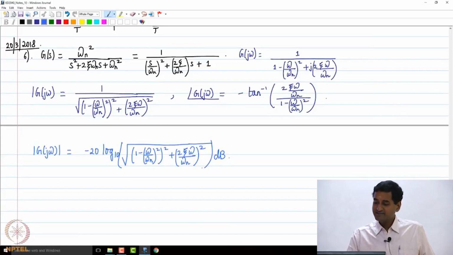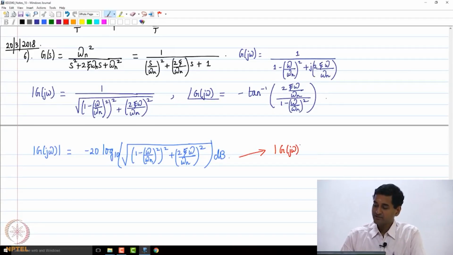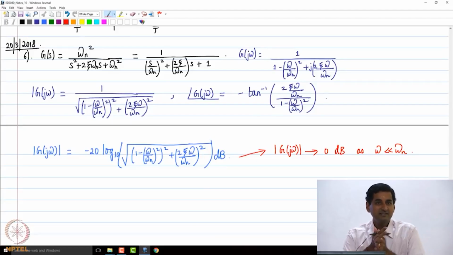What will happen as omega is very small? What do you think will happen to this magnitude when omega is very small when compared to omega n? You can immediately see that the magnitude of G of j omega will tend to 0 decibels as omega is much smaller than omega n. Why am I taking omega n? Because we have omega divided by omega n as a term, so I have to compare the frequency in relation to omega n.